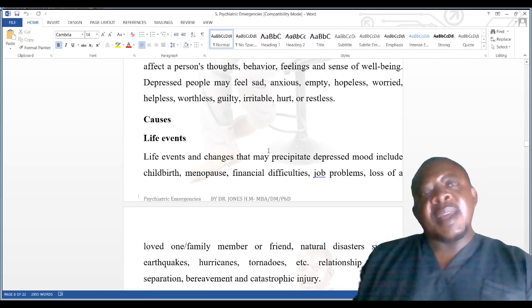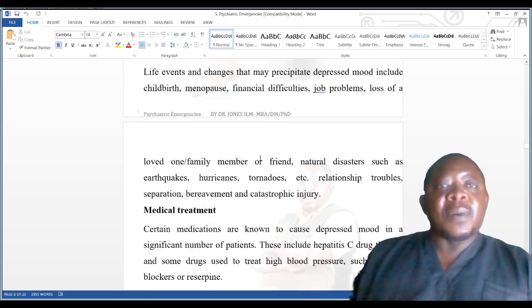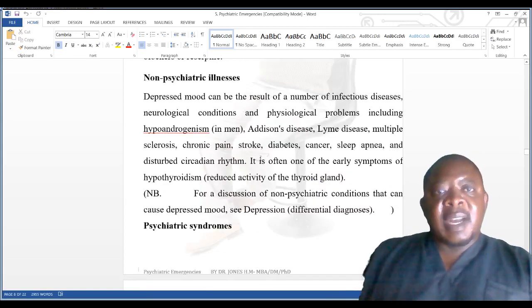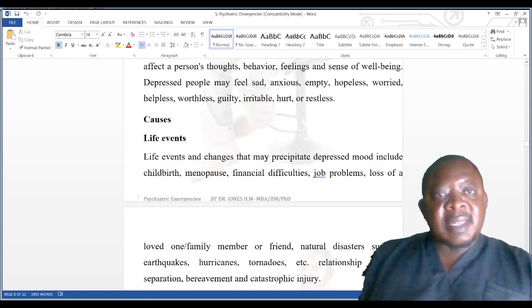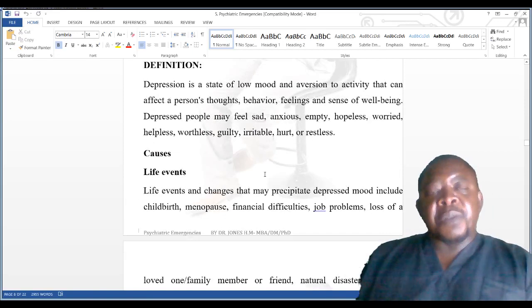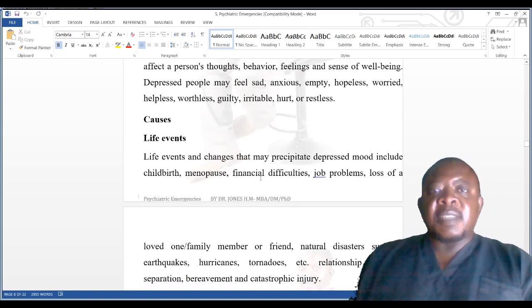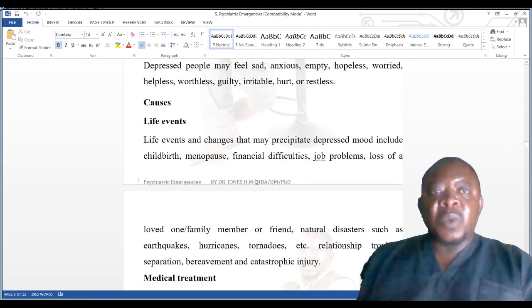So here we have looked at specific causes to do with life events, medical treatment, non-psychiatric illness, and psychiatric syndromes. Now let us discuss further what we mean when we say some of the causes of predisposition to depression may include life events.